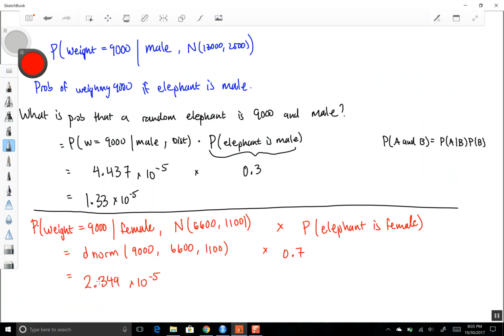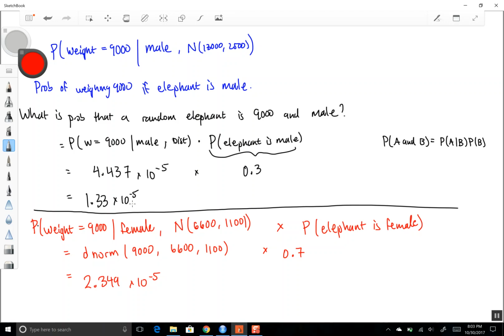All right. Is this okay? So 9,000 pounds for an elephant, according to our distributions, is just an unusual weight to begin with. So both of these numbers are small. But the fact that we have a 9,000 pound elephant, now we compare these two probabilities. So I've got a 1.33 times 10 to the minus 5 and a 2.35 times 10 to the minus 5.